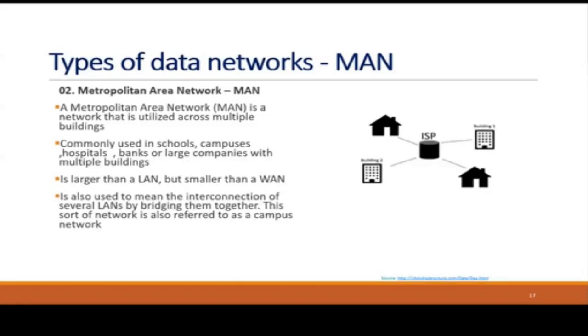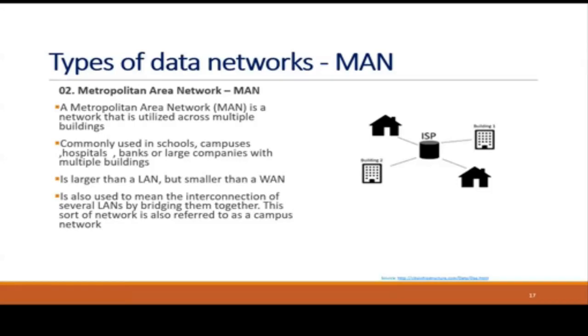And when it comes to MAN, it's used to mean the interconnection of several LANs by bridging them together. Now that is interesting, right? Like I said, RCT Central is itself a LAN, RCT Surgical is another LAN, and RCT Medical is another LAN.